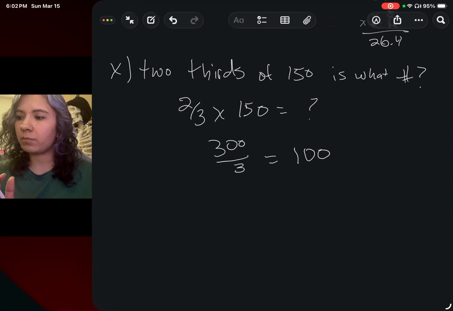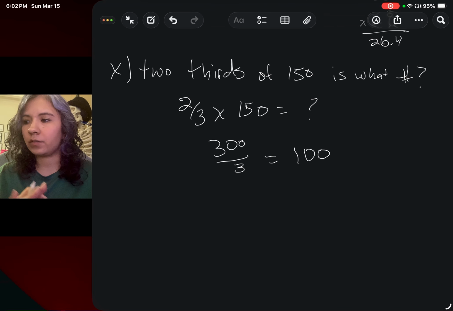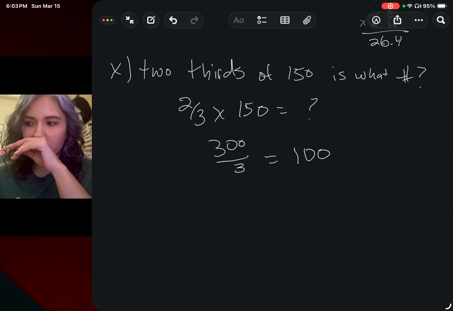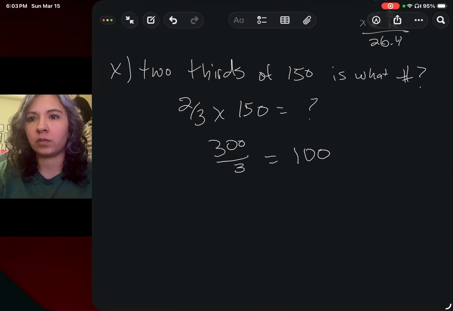So for the percent part of a number, we can translate those into equations kind of the same way, but we want to convert the percent either into a fraction or a decimal. So let's do an example.